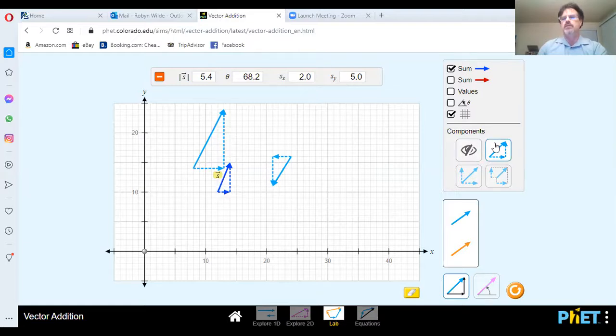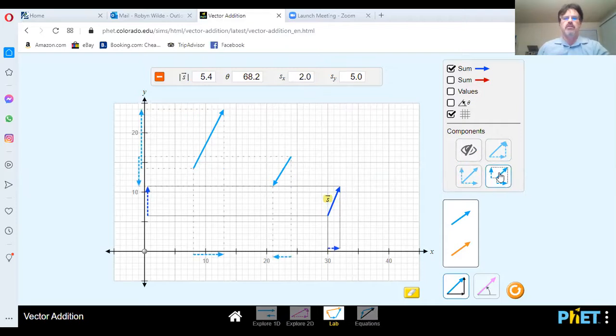Now, one thing to notice, let me take away the components. A way that you could draw or add vectors graphically is what's called the tip-to-tail method. Actually, I should say you can draw your components anywhere you want too. I could even draw them over on the axes here. This is my y component for vector A and my x component. I just usually draw them as the sides of the triangle here.